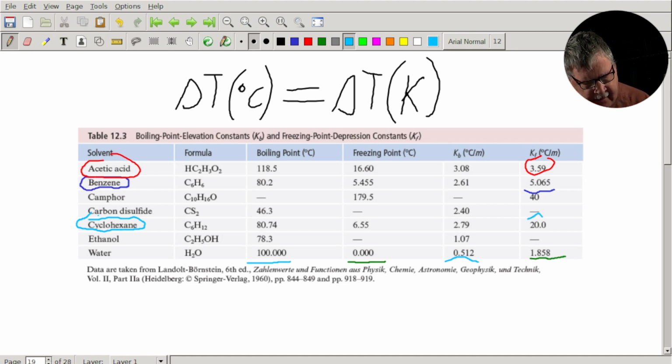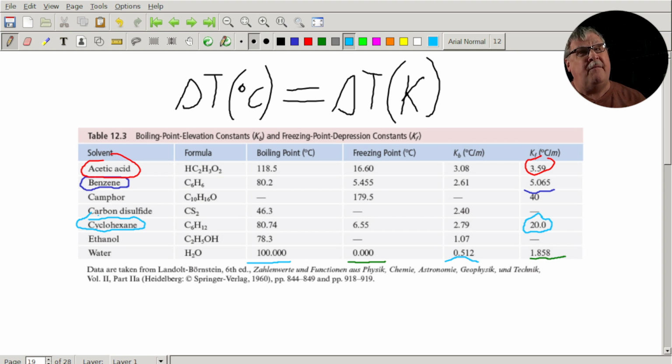Look at cyclohexane. If you have a 1 molal solution in cyclohexane, it's going to freeze 20 degrees Celsius lower. So if I have a 1 molal solution in cyclohexane, the freezing point of the pure cyclohexane is 6.55 degrees Celsius. We're going to take away 20 degrees from that.